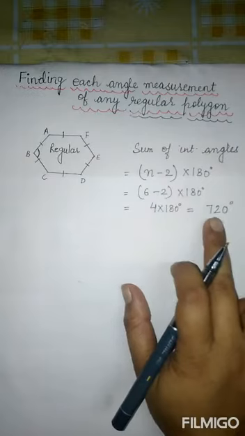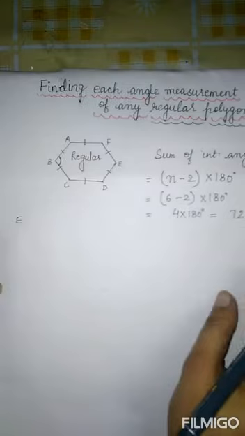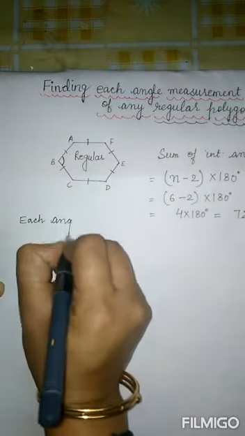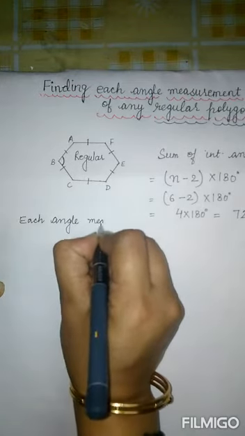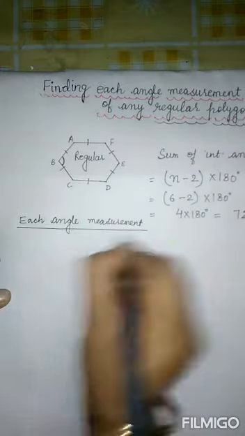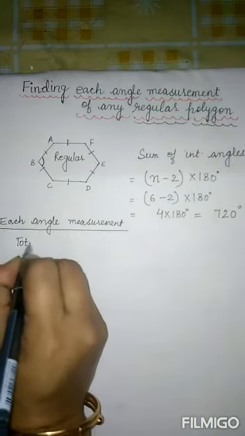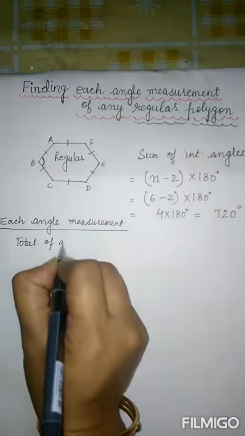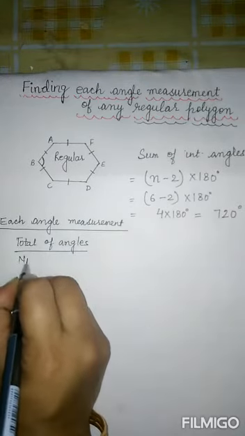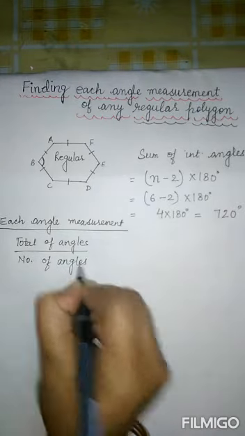So this is the total amount. Now I want to find each angle. So how do I get it? Each angle measurement will be the total of angles divided by the number of angles.